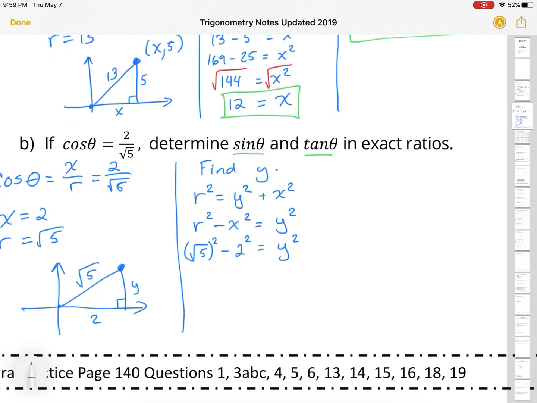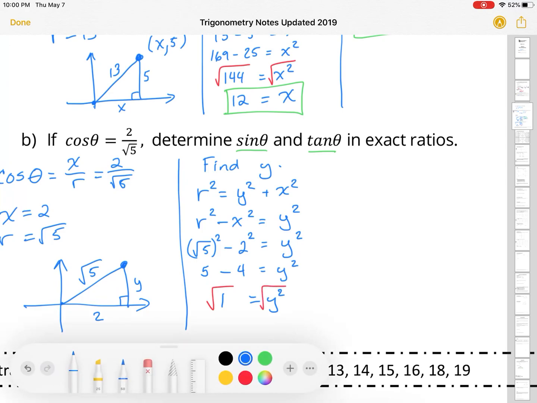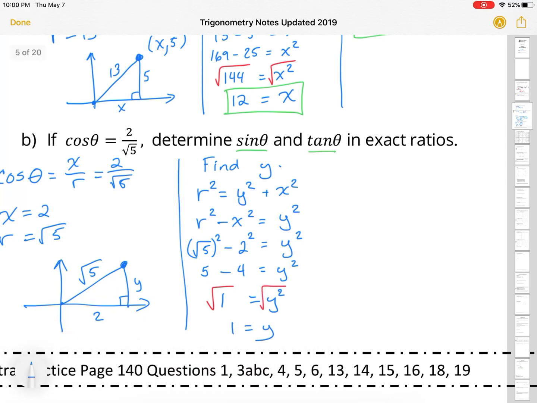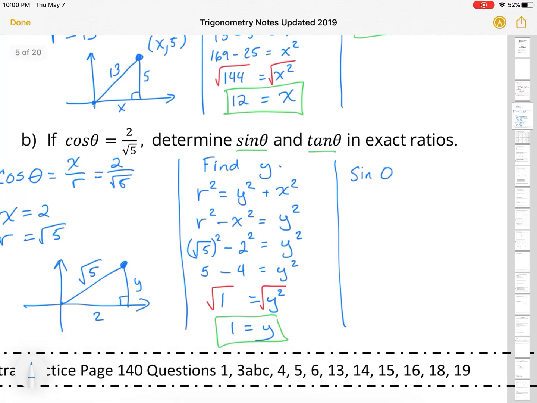So r squared is √5 squared minus x squared, which is 2 squared, which will equal y squared. √5 squared is just going to be 5. 2 squared is 4, which is equal to y squared. 5 minus 4 is 1, which is equal to y squared. We take the square root of both of these, and voila, y equals 1. So that's our first step.